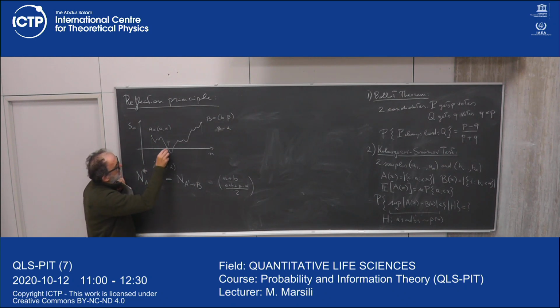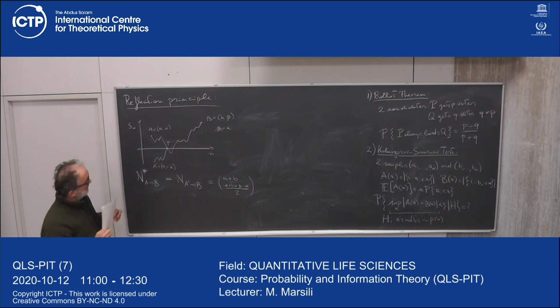So you can take this part of the path from A to T and reflect it with respect to the axis and get the reflected path, which would look something like this.